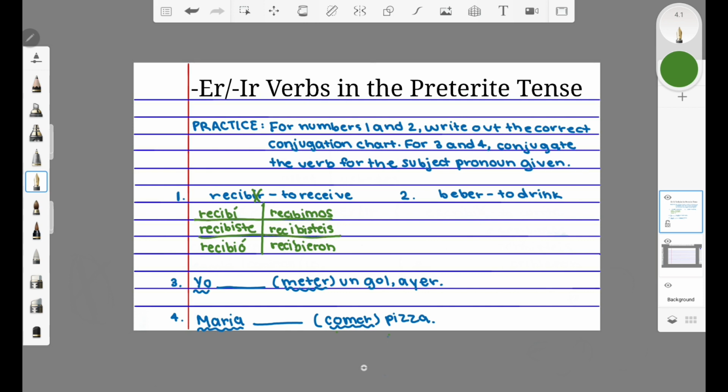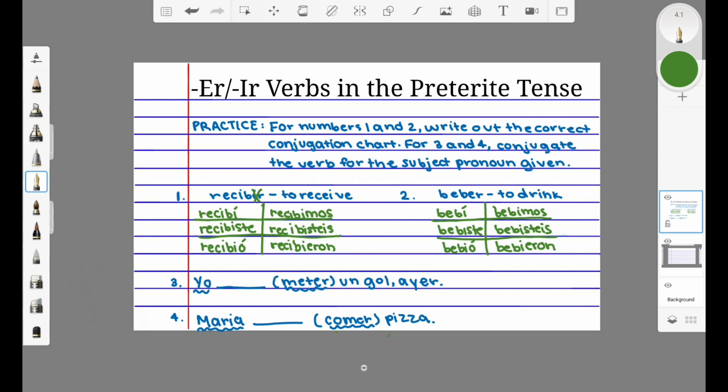And we're doing the same exact thing for the verb beber. So it should look something like that. Í, iste, ió, imos, isteis, ieron, for all of them.